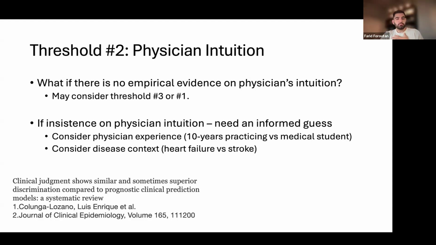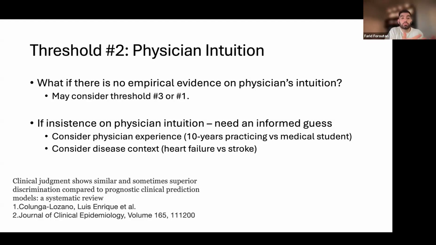But you can also try to make some intuitive guess as to what your physician intuition is. And oftentimes that's what we do with thresholds. Sometimes we do surveys to inform our thresholds. Sometimes we get folks in a room and, based on our collective experience, try to think around what an acceptable threshold is, even in the world of therapy, as to what is the smallest absolute risk difference that would matter to most individuals based on our experiences.